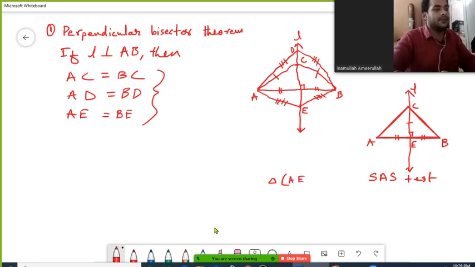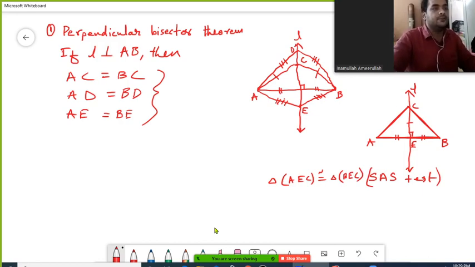triangle AEC is congruent with triangle BEC by side angle side test.